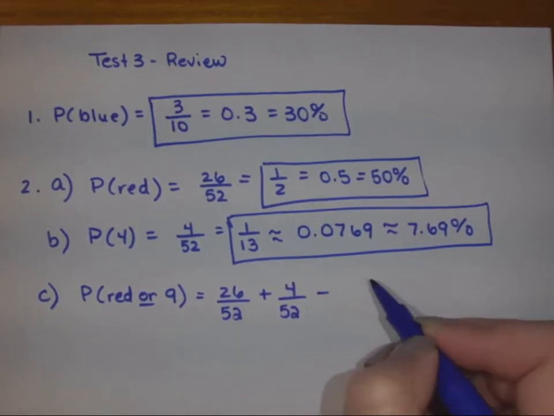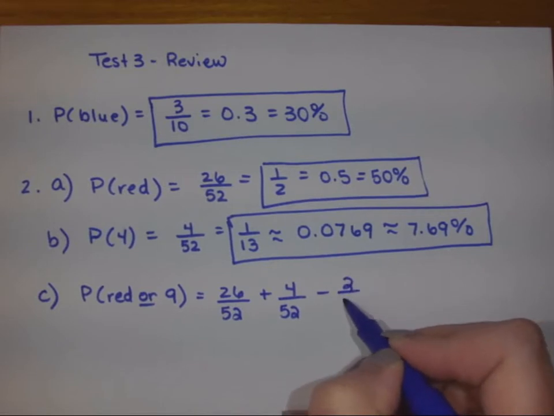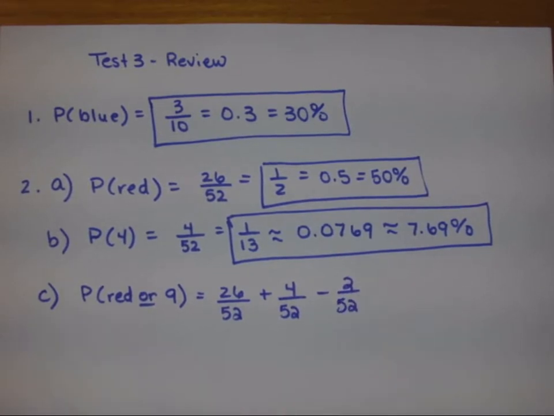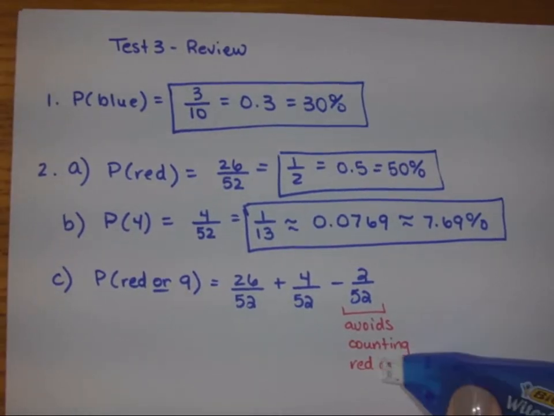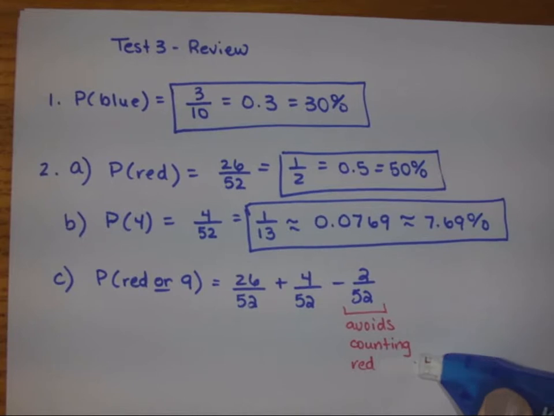But then you would need to subtract off the 2 cards that are red and 9. Okay, and so this is to avoid counting cards twice. So basically it avoids counting the red 9s twice. Let me be more specific there.